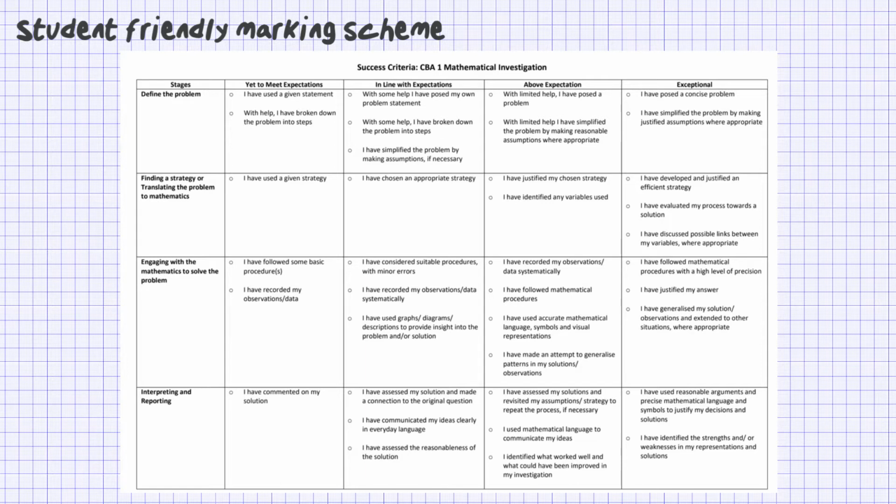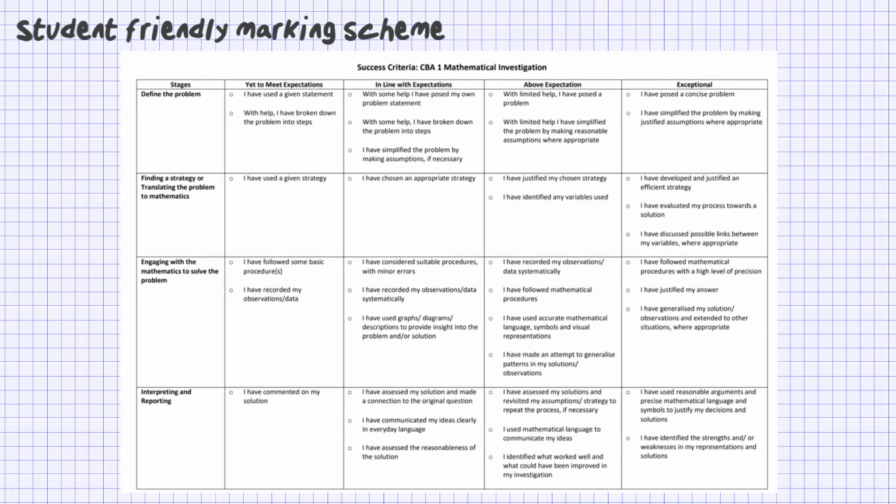So if I told you to use that as your problem, what's the most efficient route to walk to school? If I had to tell you that what you should do now is go on Google Maps and find out the different routes and highlight the different routes, and then you'll be able to measure the different routes, then you'd fall into yet to meet expectation because you're requiring too much scaffolding from the teacher.